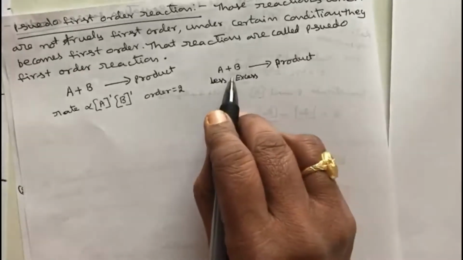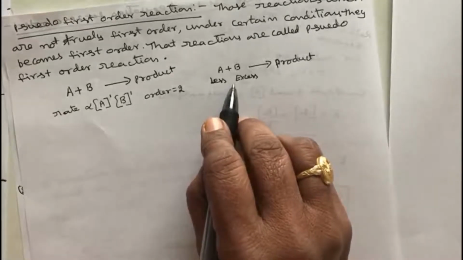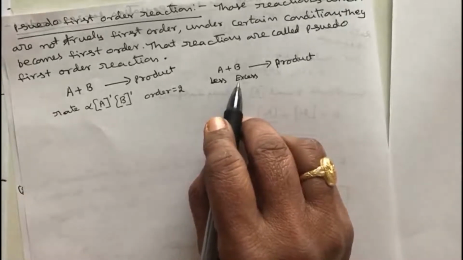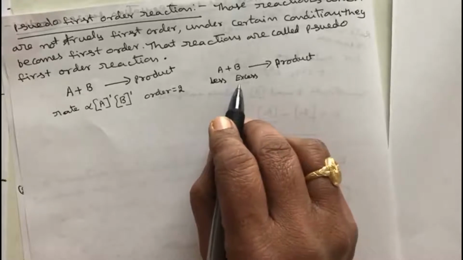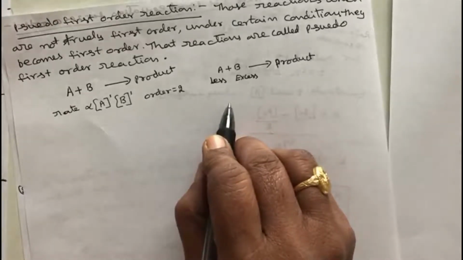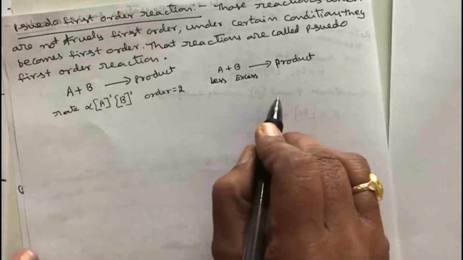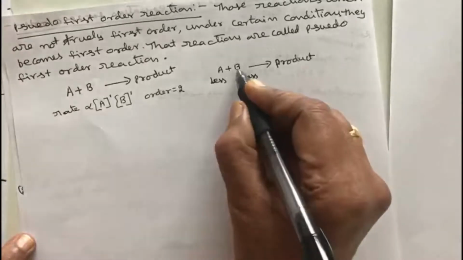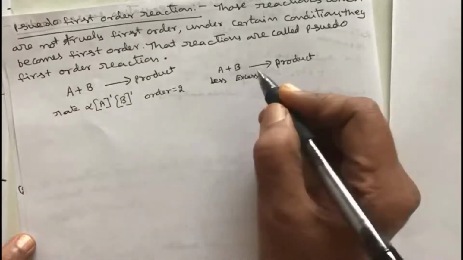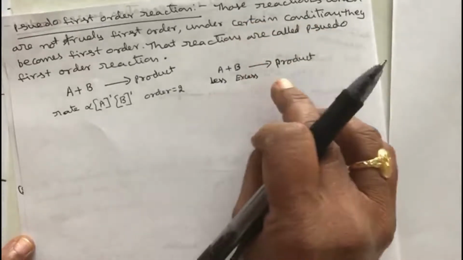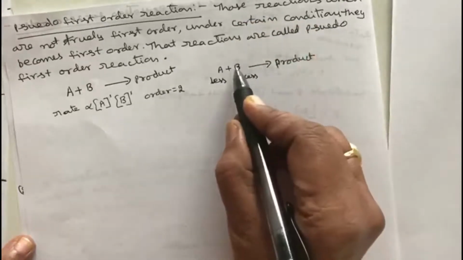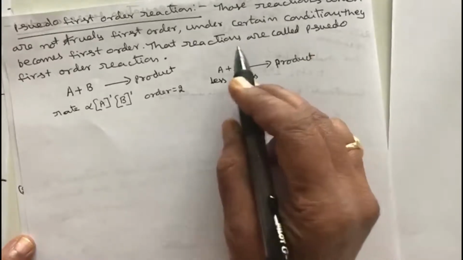Any reactant which is present in excess quantity, the concentration of that reactant remains constant for whole of the reaction. So that reactant cannot affect the rate of reaction. The order of that reactant becomes 0.